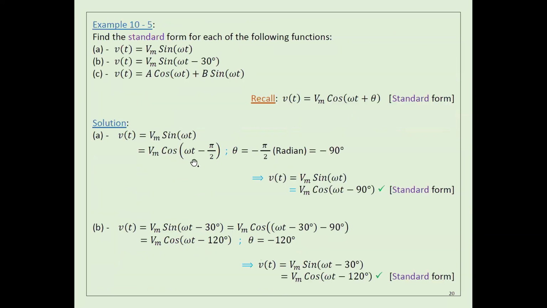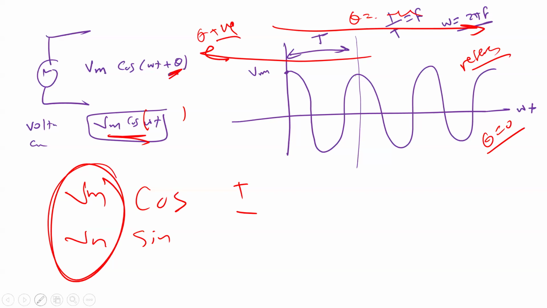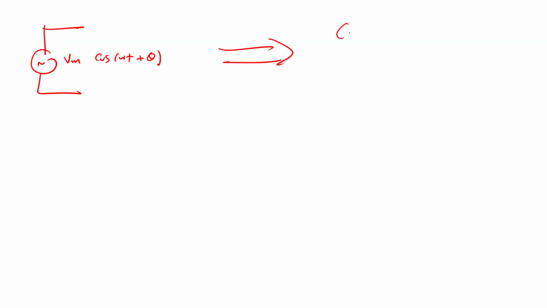What I'm going to teach is, if you have a source, either a voltage source or current source, Vm cosine omega t plus theta, this is in time domain. How can you convert it to the complex domain?